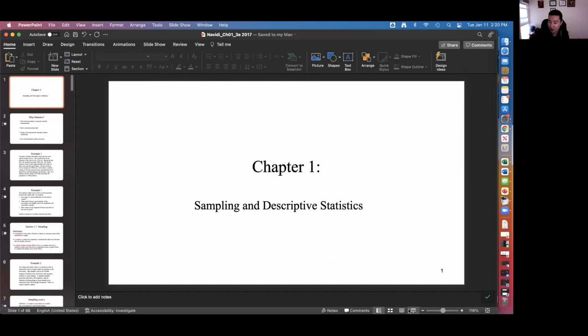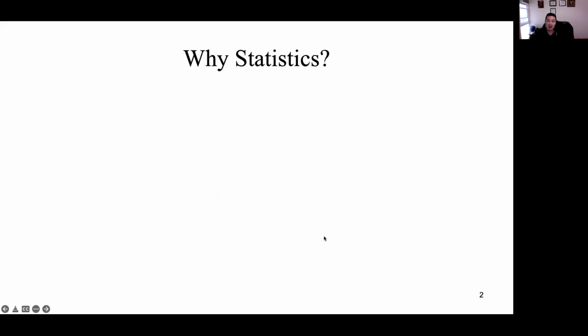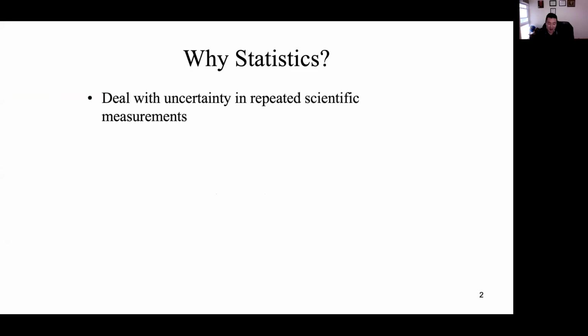So chapter 1. Chapter 1 is called sampling and descriptive statistics. We'll introduce the very basic idea of why we should study statistics. What is statistics? Statistics deals with uncertainty in repeated scientific measurement.